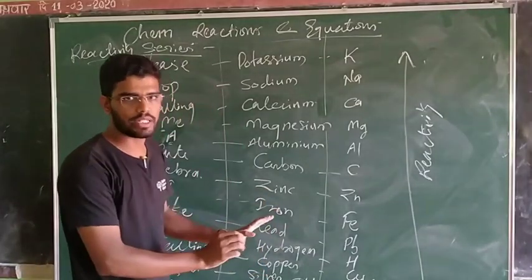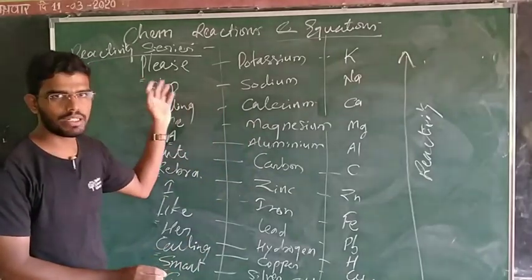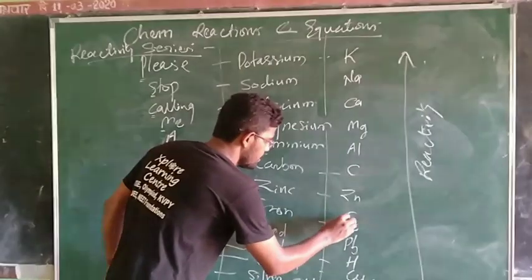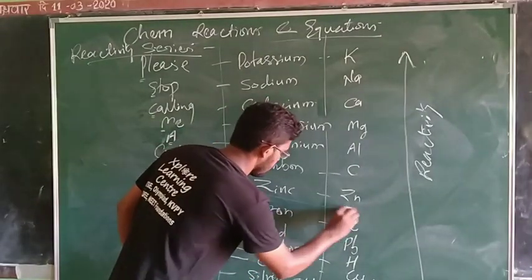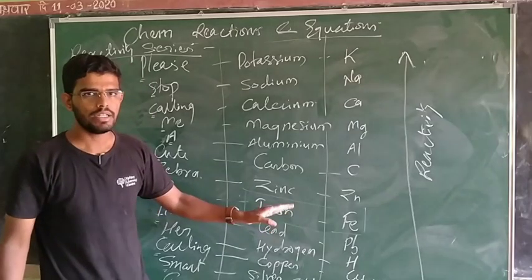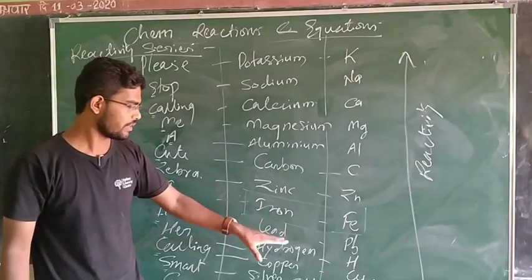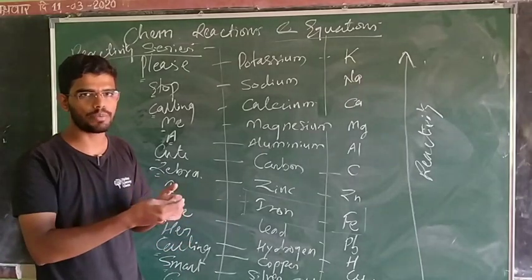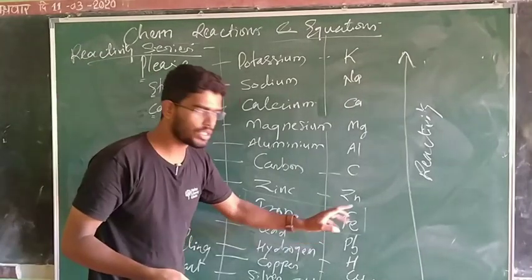Now, a point to be noted from the previous experiment and reaction: we had taken iron in a reaction. Fe reacted with copper sulfate and that iron was able to displace the copper. Why was iron able to displace the copper?